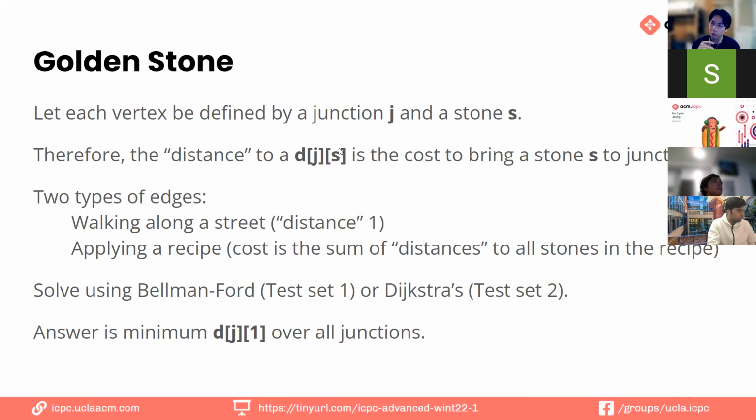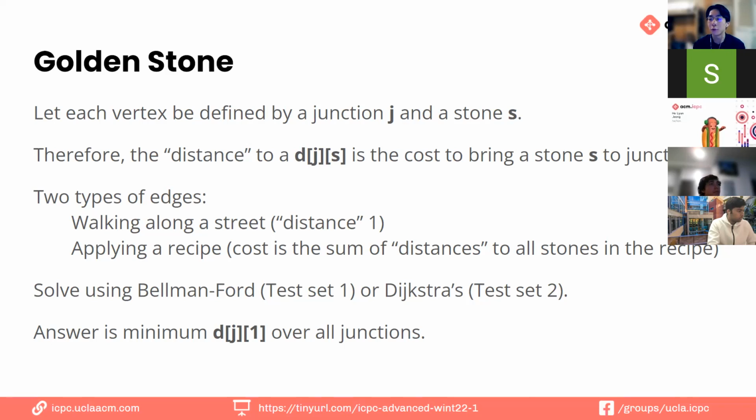The cost, or distance, of that edge is a little different because it's defined by the cost of a bunch of different stones, since you're gathering them together. So if you have a recipe with two stones of type 1 and one stone of type 2, the cost of applying the recipe is just the cost of getting two stones of type 1 and one stone of type 2 at the junction you're currently at.